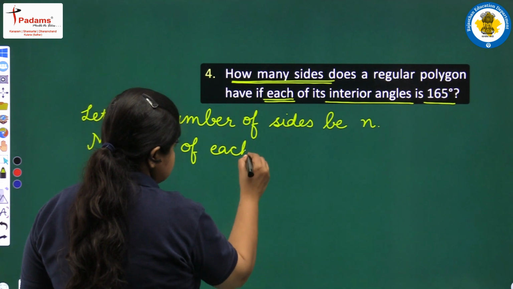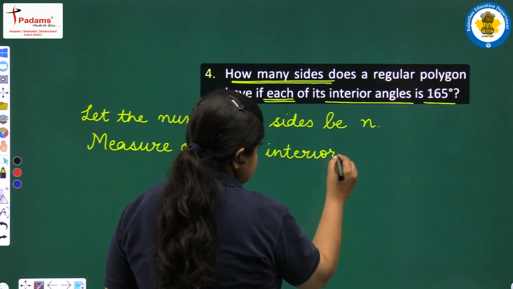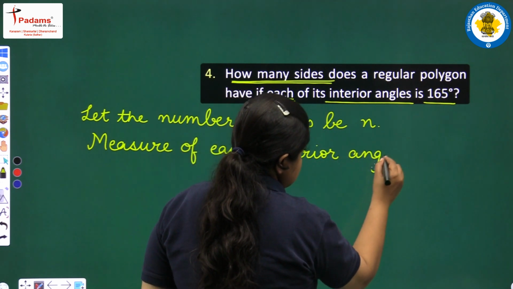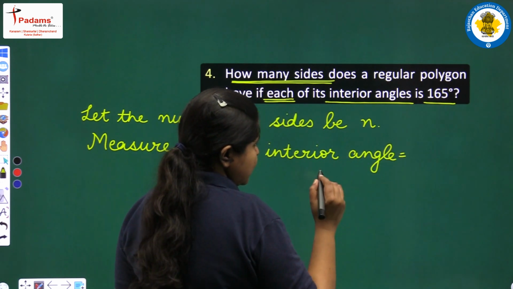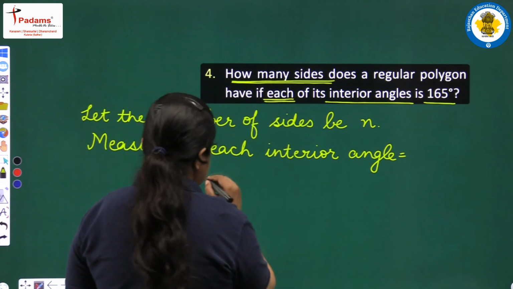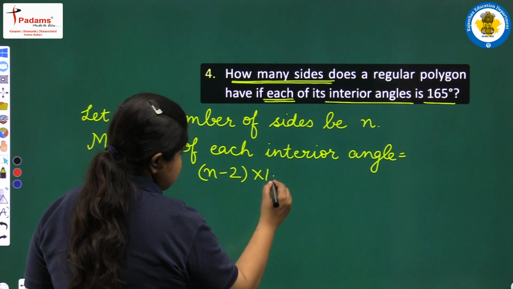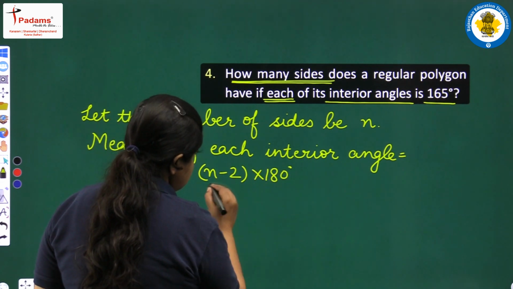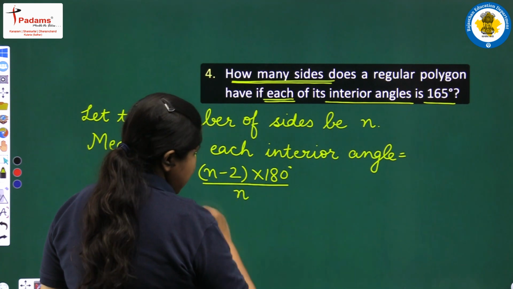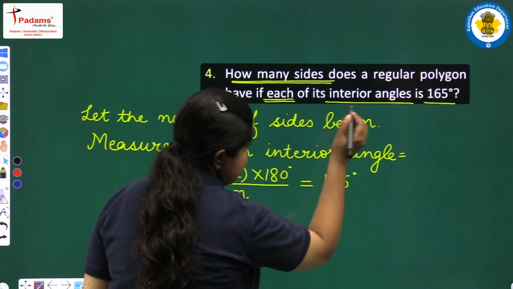Then the measure of each interior angle is equal to, can you recall that formula? Yes, it was (n minus 2) into 180 degrees upon n, and this is equal to 165 degrees as per the question.